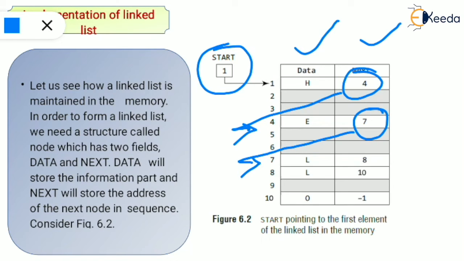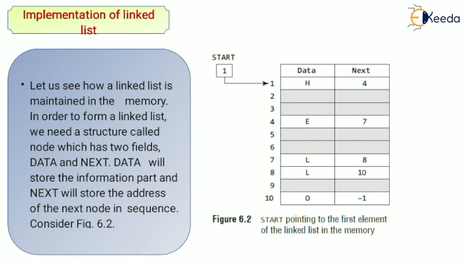In a similar manner we are doing the procedure. This is your data field. This is next, and next will point to the next memory location, and in that we are storing the data.